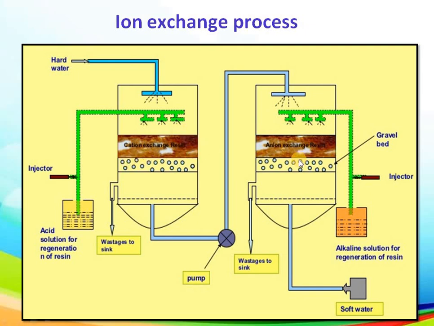So these resins are exhausted and must be regenerated, which means reactivated by passing an acidic solution and an alkaline solution. This process is known as regeneration. When the efficiency of these beds is deactivated, they can be activated again by passing the acidic solution and alkaline solution. Here the hard water is stopped.